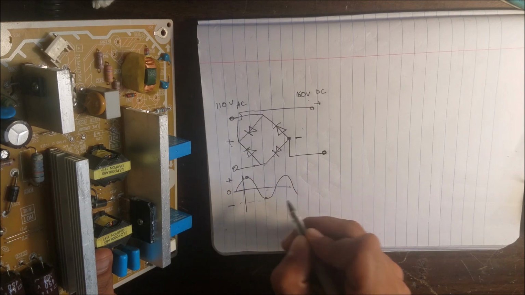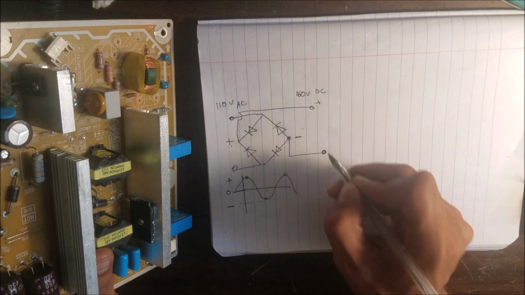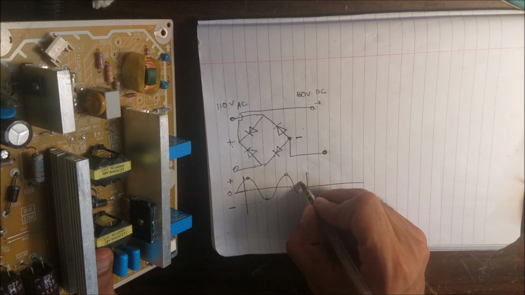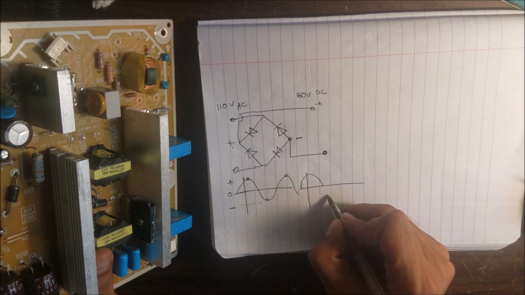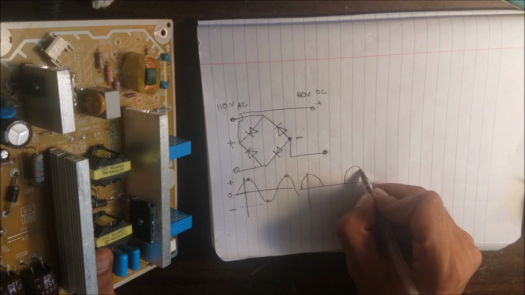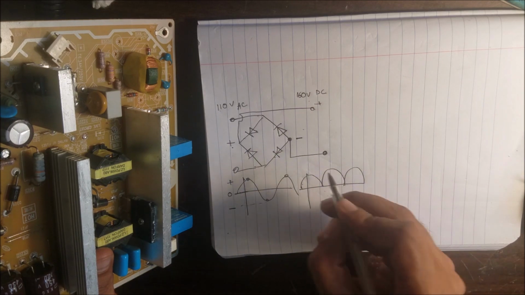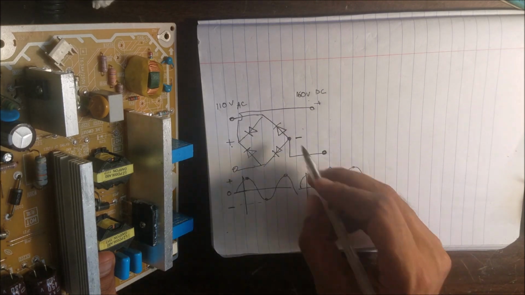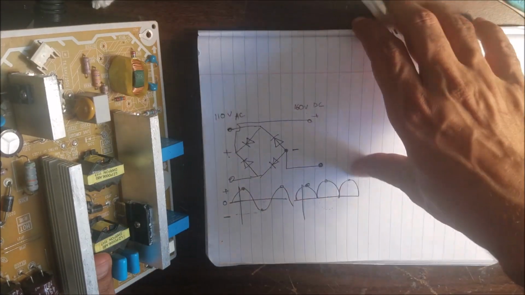That's the top of the wave. At this point, we're going to have the wave like this, but it's not going to be in the bottom. The wave is flipped up at this point. That's the rectifier bridge.